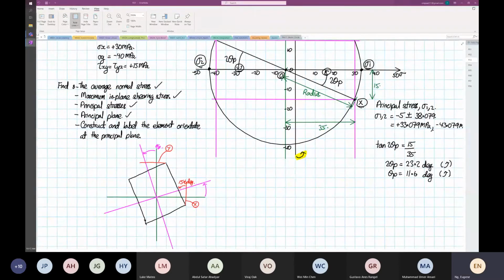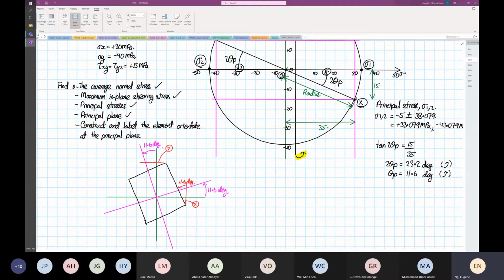So all of these are my 11.6 degrees. From point X, it's going to rotate anti-clockwise by 11.6 degrees.